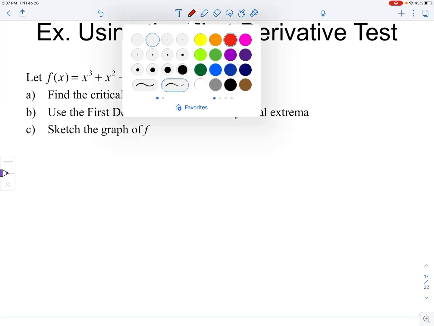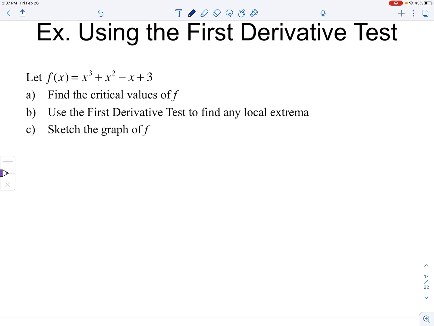Okay, so let's first identify critical values. This is a polynomial function, a smooth continuous curve, with a domain of all real numbers, so we don't need to worry about a critical value not being part of the domain. We can find the derivative just using the power rule. So 3x squared plus 2x minus 1.